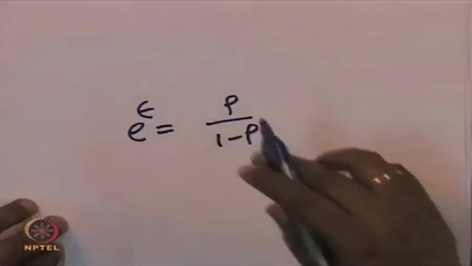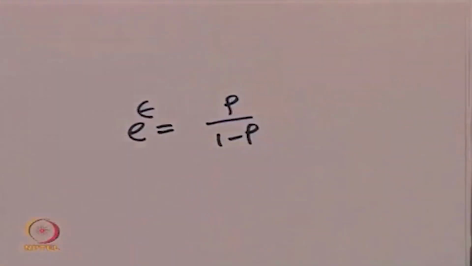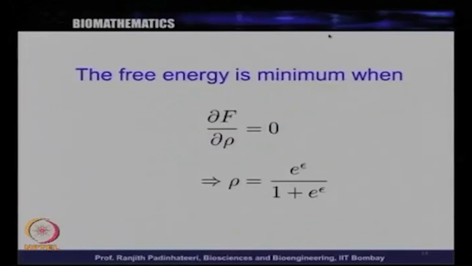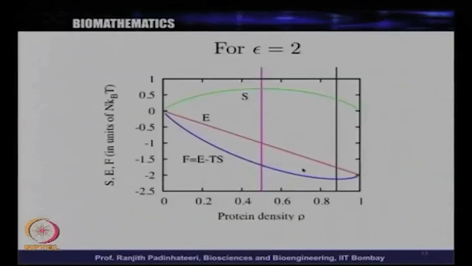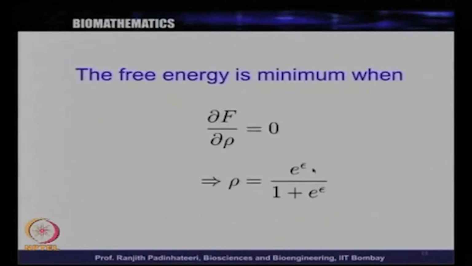In other words, this can also be rewritten in this particular way: rho is equal to e power epsilon by 1 plus e power epsilon. So, it turns out that if you know a value of epsilon, the rho for which del f by del rho will be 0 is given by this formula.